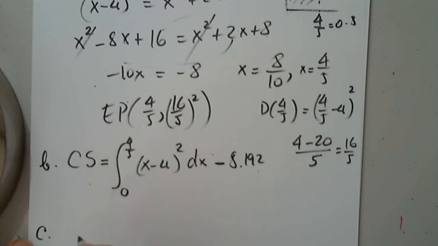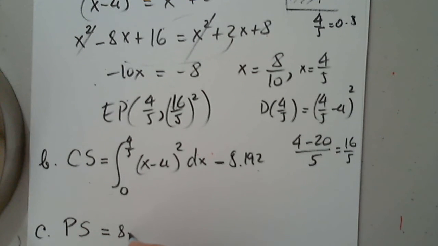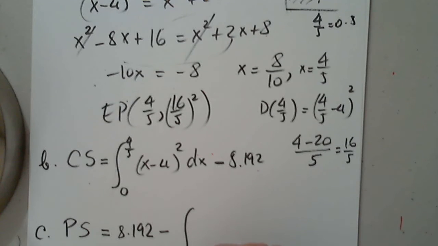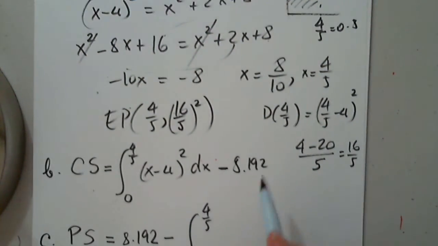What about part C? How do I write the producer surplus? Can anyone give us an idea of how to write the producer surplus? 8.192 minus the integral of the same, yes, but not from this function, from the supply function.